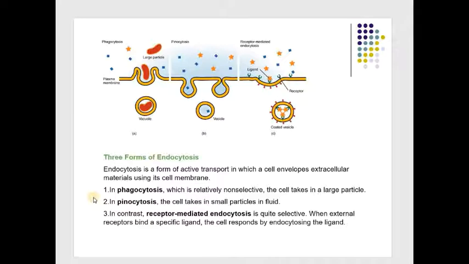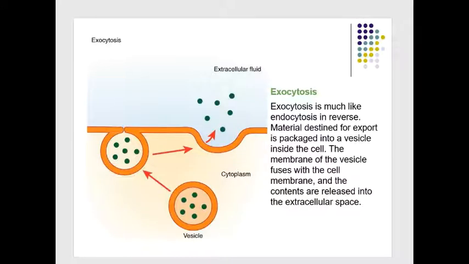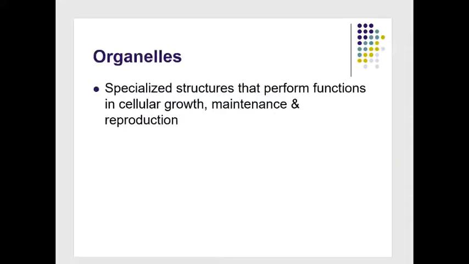So sometimes we need to selectively bring materials in, specific ligands into the cell, and that can be done through receptor-mediated endocytosis. Okay, just like we can bring materials into the cell, sometimes we need to remove things from the cell. Okay, so when we're kicking things out of the cell, it's called exocytosis. Okay, so it's essentially the opposite of endocytosis, but it is a way of exporting material out of the cell. This could be material that the cell made, it could be waste material, it all kind of depends.